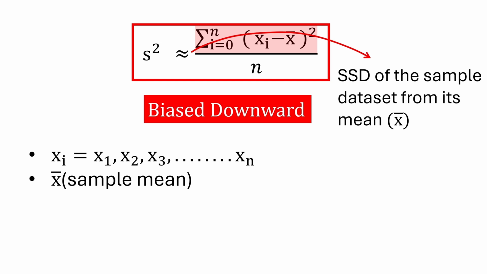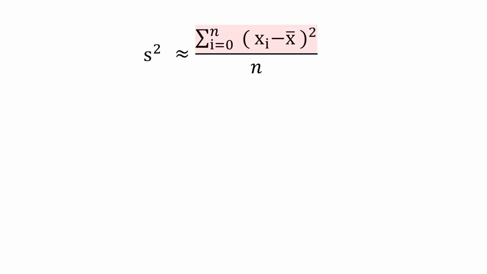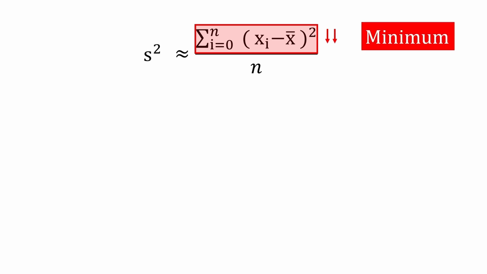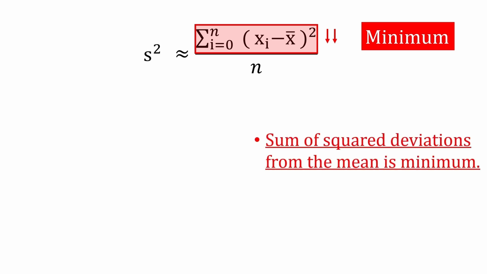And because this is from the mean, this term will be minimum in comparison to any other value placed in place of x bar, that is the sample mean. Understand this clearly. In place of this x bar, if we put any value, then this entire value will be greater than the value that we got using the sample mean, right?